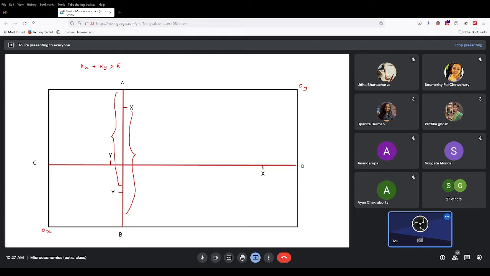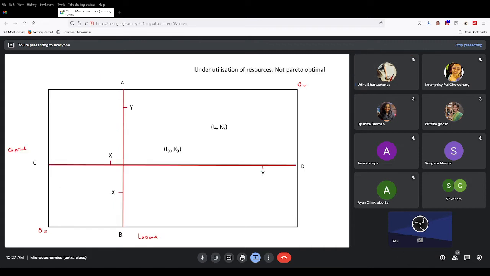Sir, can you show the point where both are underutilized once more? This one. So this is unemployed labor.